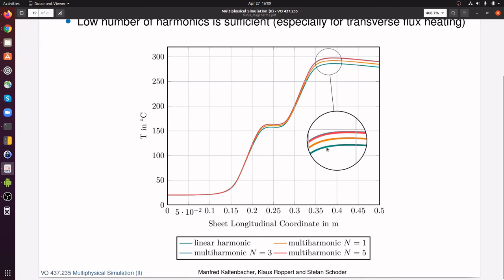In the linear case, we see slightly lower temperatures, so the eddy currents are not as high as if you include 3 or 5 harmonics, but the deviation in general is not that severe.